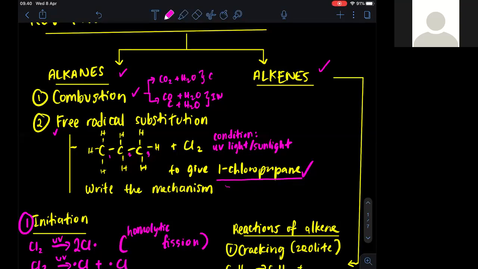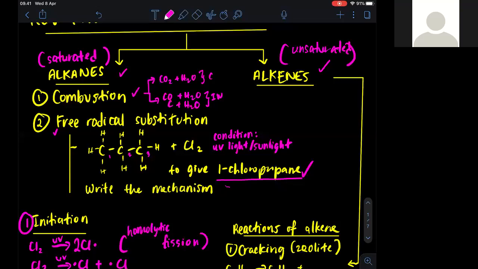Now, overall, when you look at alkanes and alkenes, do they have saturated or unsaturated bonds, Janice? Alkanes are saturated. Sorry, actually, alkanes are saturated. For alkenes, it's unsaturated.